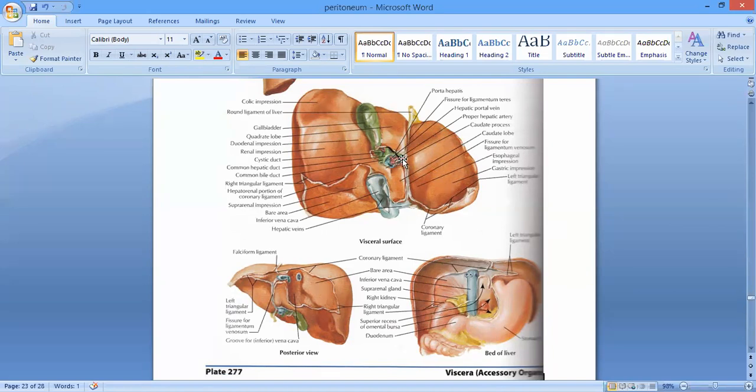So in the case of the liver, it is called the porta hepatis. ठीक है? ये भी एक horizontal fissure है, basically एक deep fissure in the inferior surface of the liver, जहाँ पे blood vessels and nerves are getting inside the liver, and the ducts and the veins are coming outside the liver. The structures which enter or leave the liver use this horizontal fissure, that is called the porta hepatis, right?